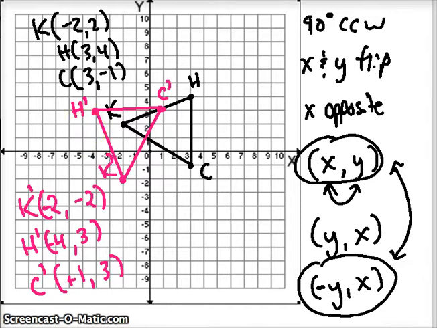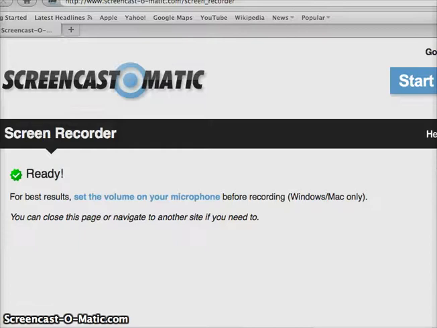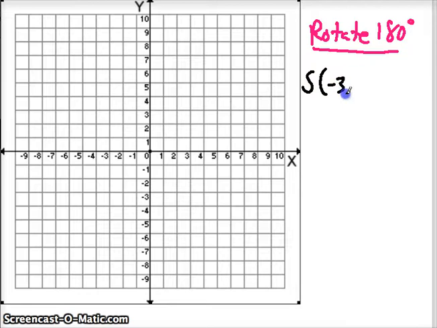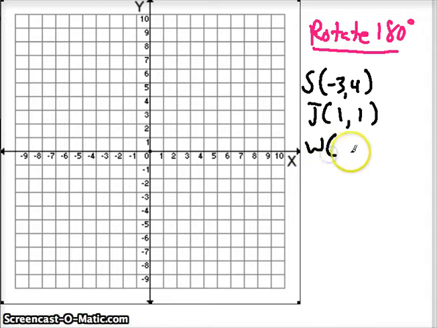Alright, one more. Let's talk about rotations 180 degrees. Rotate 180. Alright, so let's try S at -3, 4, J at 1, 1, and W at -3, -3.